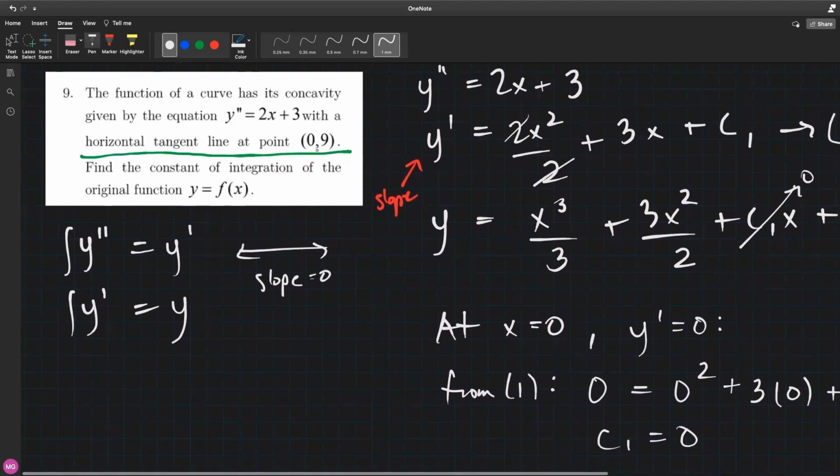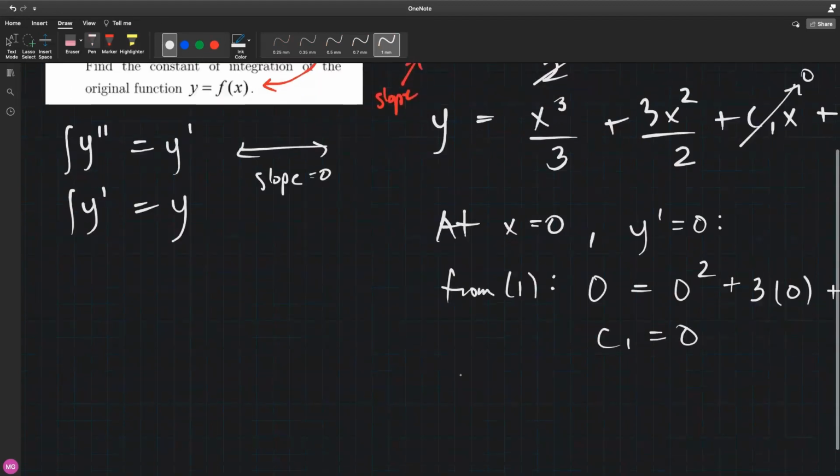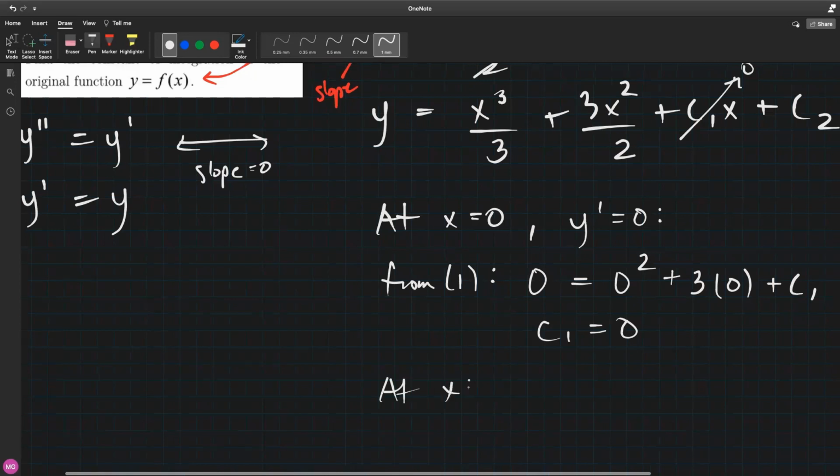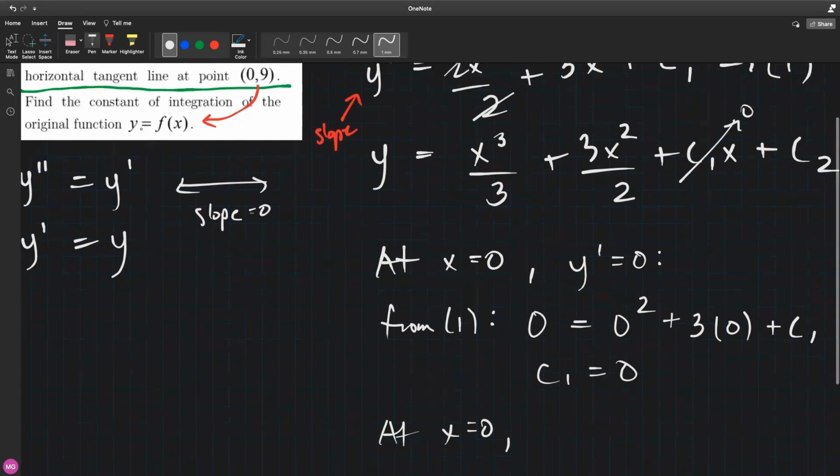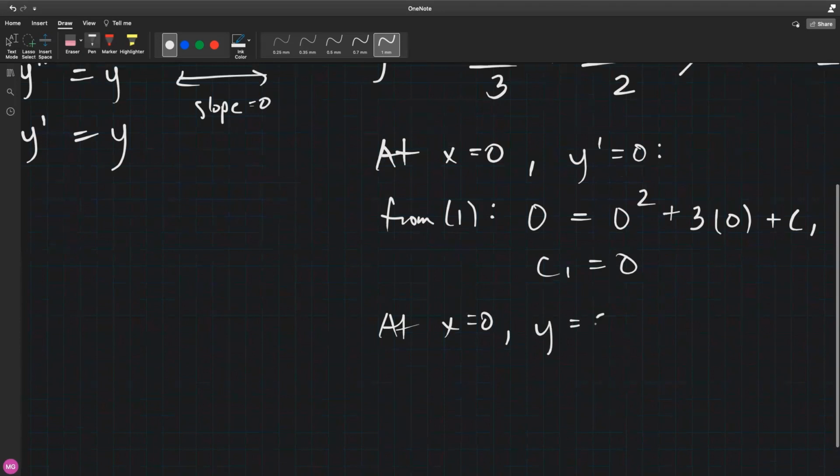There's also a point on the original function, y equals f of x. (0, 9) exists on y equals f of x. So that just means to say that at x equals 0, y is equal to 9.